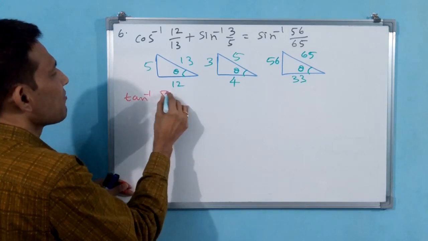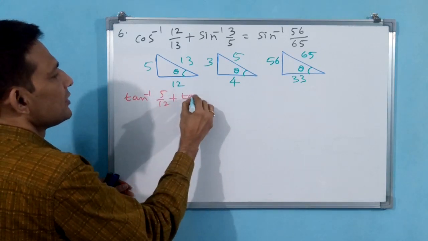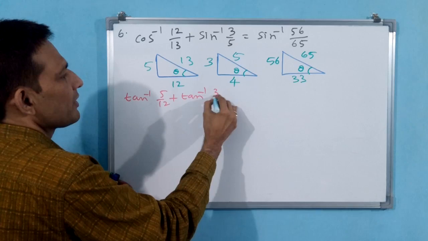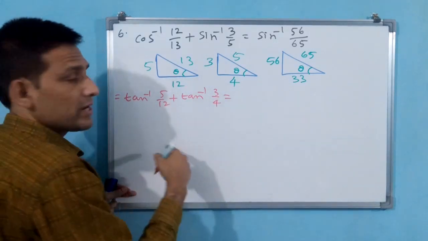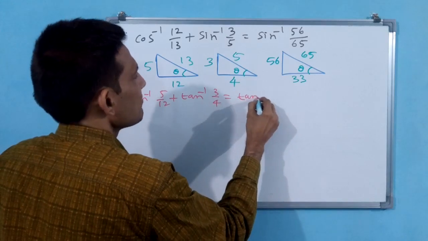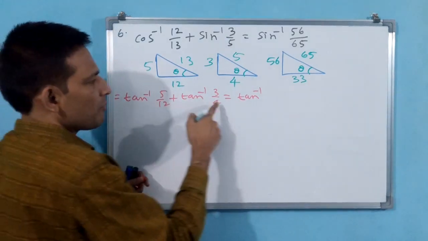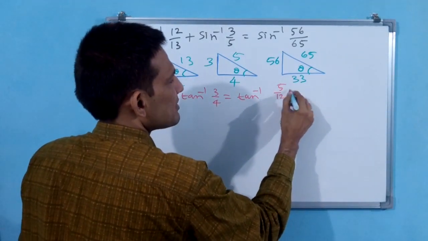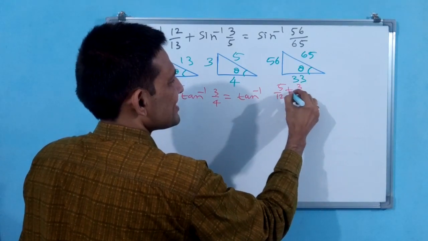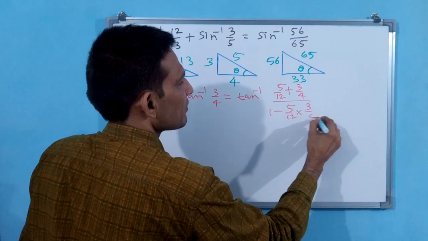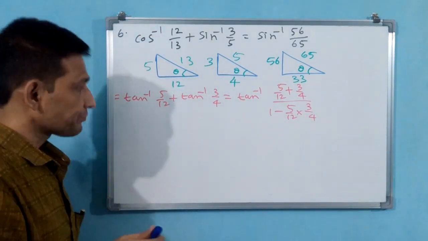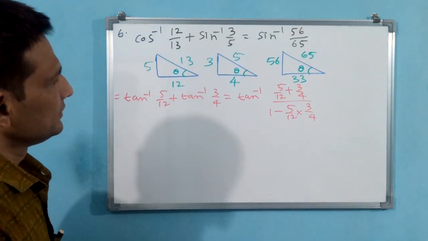Tan inverse 5 by 12 plus tan inverse 3 by 4 is equal to, LHS equal to, like you write, tan inverse of 5 by 12 plus 3 by 4 by 1 minus 5 by 12 into 3 by 4. Okay.